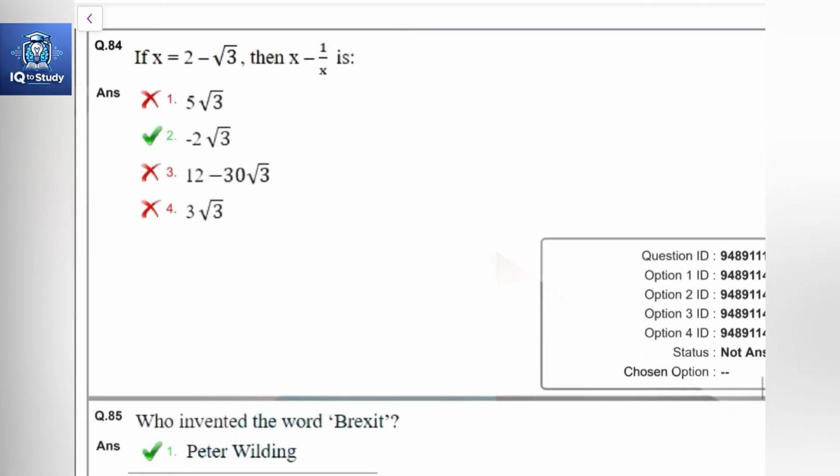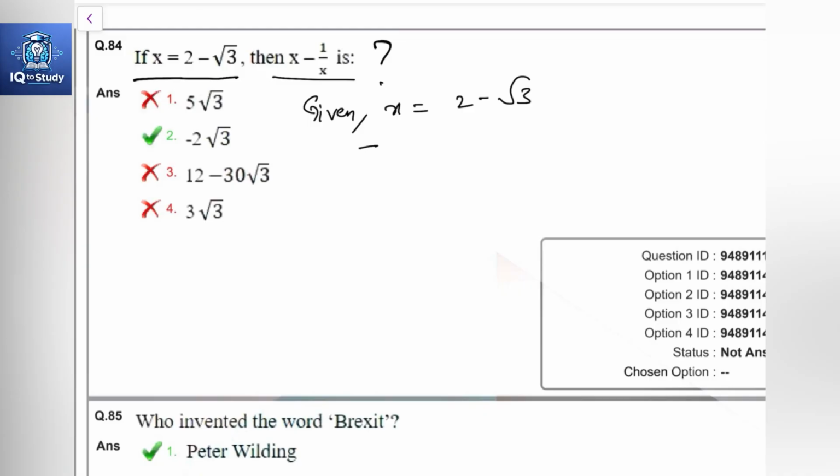If x equals 2 minus root 3, then find x minus 1 by x. Given x is equal to 2 minus square root 3, 1 by x is equal to 1 by 2 minus root 3.